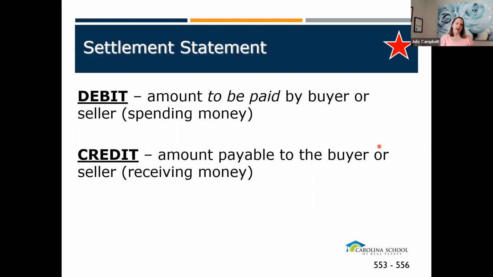When we log out of class in just a minute, and you run to the grocery store to buy groceries, and you swipe your card at the cash register, how does that show on your statement? Doesn't that show as a debit? That's money going out, money to be paid to Harris Teeter.